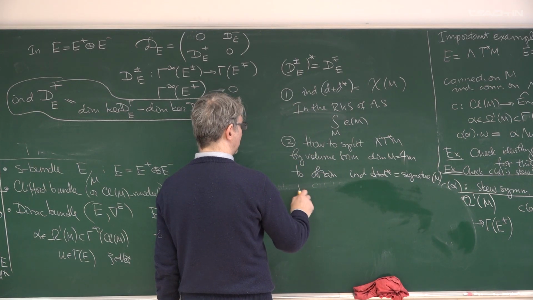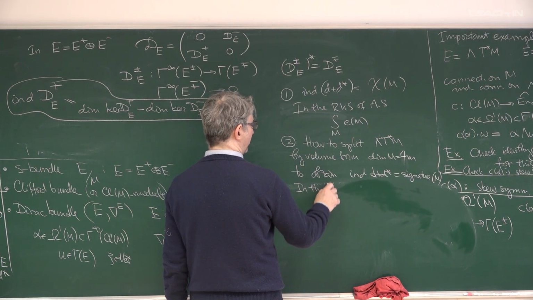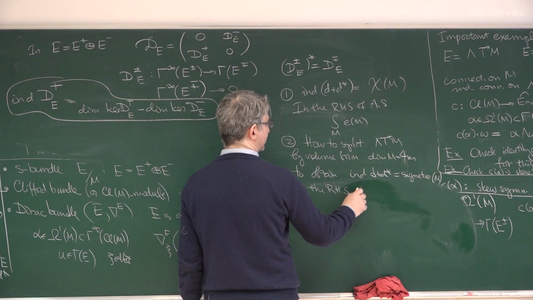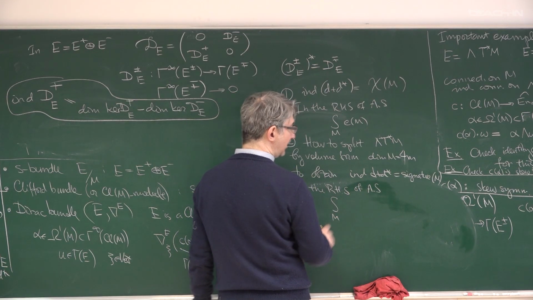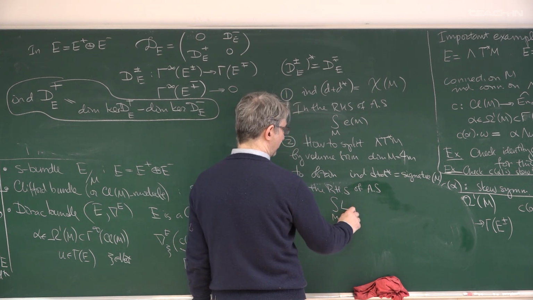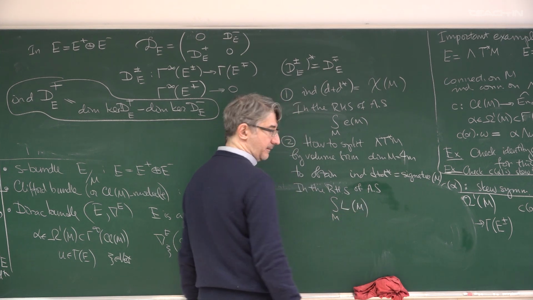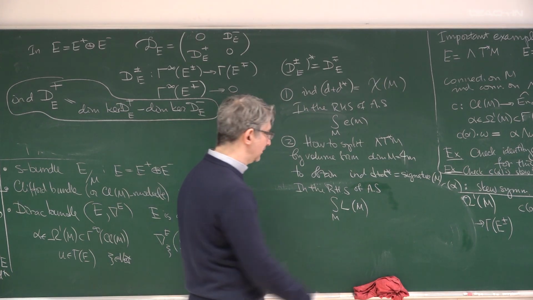What is interesting is that in the right-hand side of the Atiyah-Singer theorem, you will see another differential form. It is denoted by L. It is the Hirzebruch genus.